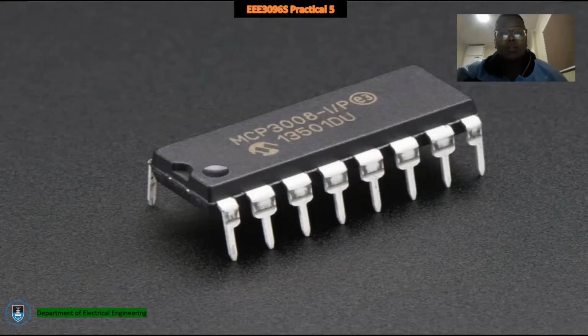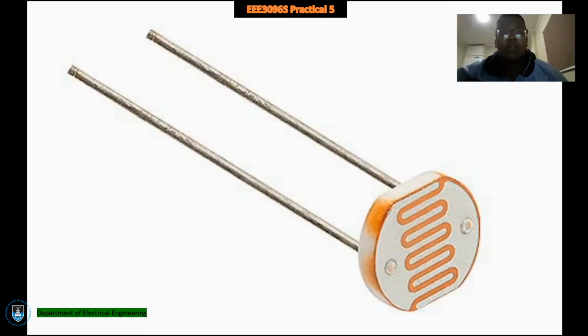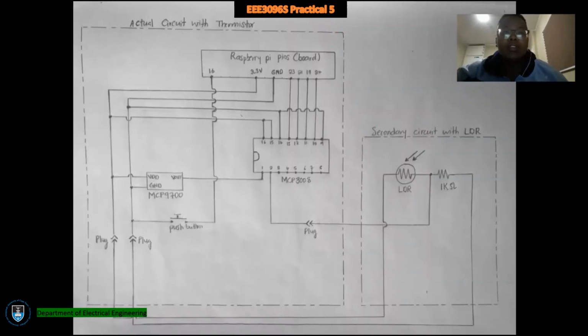The data will be sampled on a 10-second interval. A light-dependent resistor will be used when determining the light intensity. The circuit shown on screen consists of two sections: the actual circuit with a thermistor, which is used to measure and sample the temperature, and the secondary circuit with a light-dependent resistor, used to determine the light intensity.